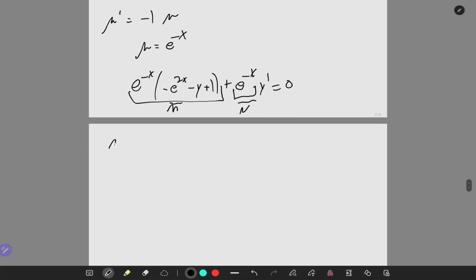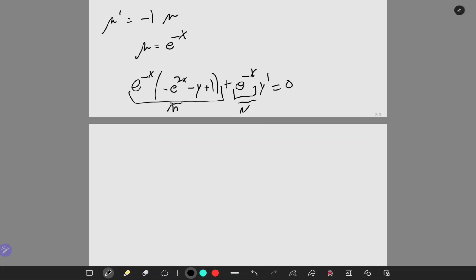So now, just like before, I've got to simplify this first. E to the -x times negative e to the 2x is, excuse me, just e to the... yeah, what did I do over there? Shouldn't that become minus e to the x? Why do I have e to the minus x there?